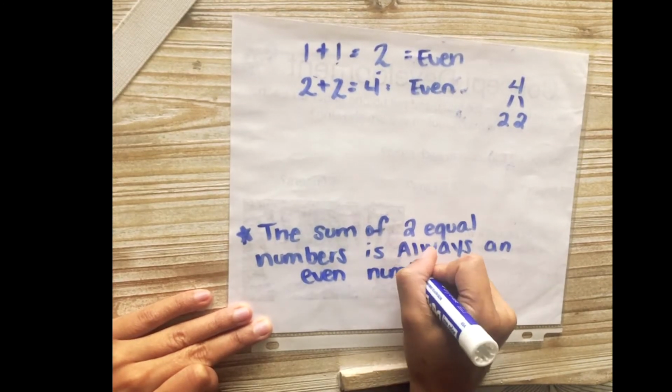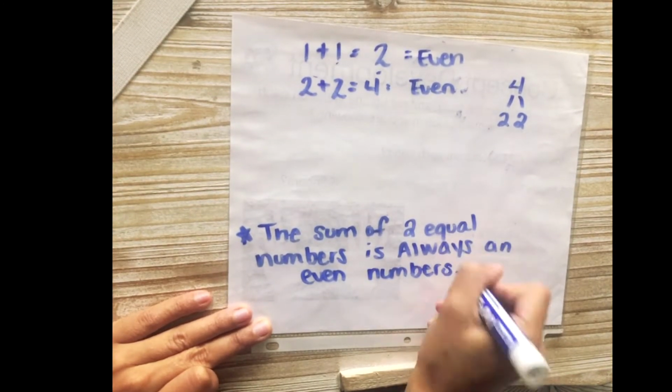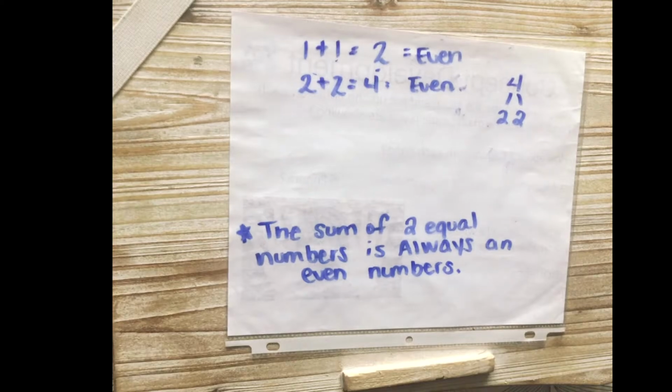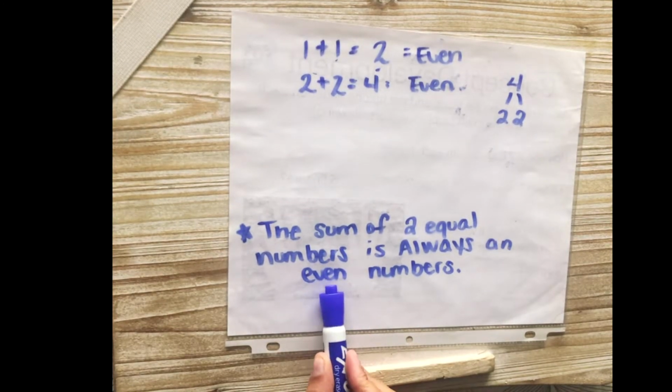And even numbers are numbers that can be broken up into equal groups. Just like we were talking about last week about equal groups, an even number is any number that can be broken up into 2 equal groups.